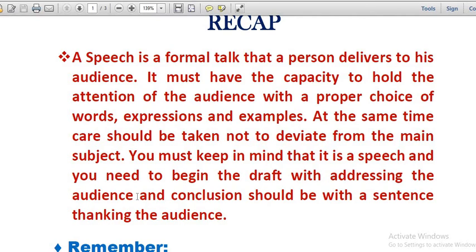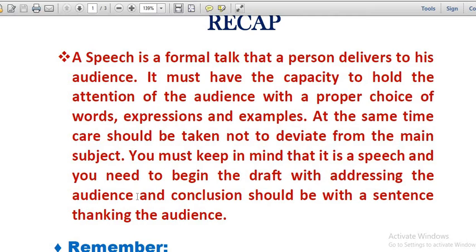When you are writing a speech, you have to introduce yourself and address the audience. And finally, just like the intro and the body of a speech are very important, similarly another important thing is the conclusion.